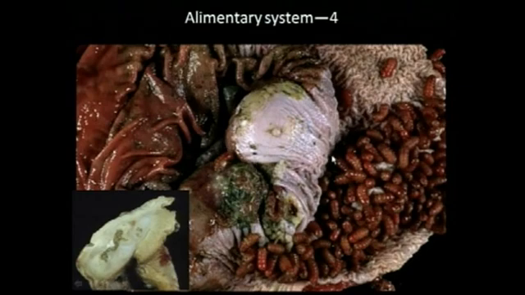Here's the lesion. Nodular mass, has a little umbilication with a plug there, and the inset is showing that nodular mass cut in cross-section. And we can see that it's mostly a fibrous mass, but in the middle of it, maybe you can make out it's full of worms, full of nematode-type worms.